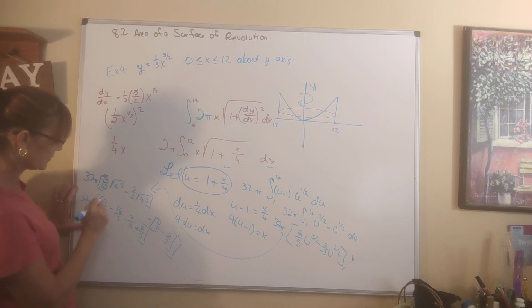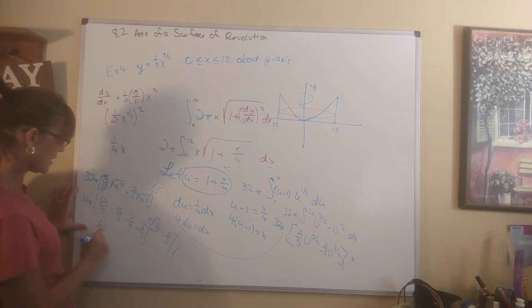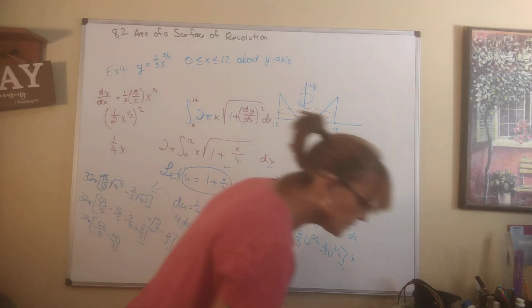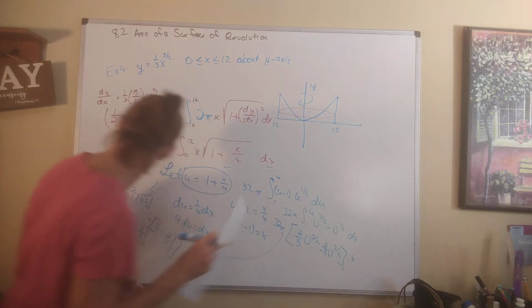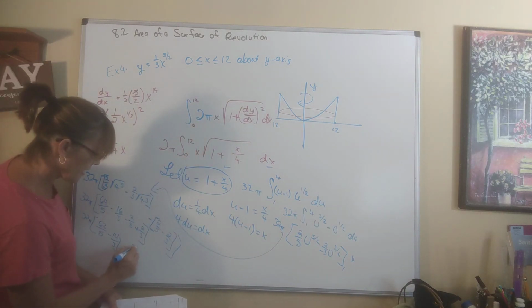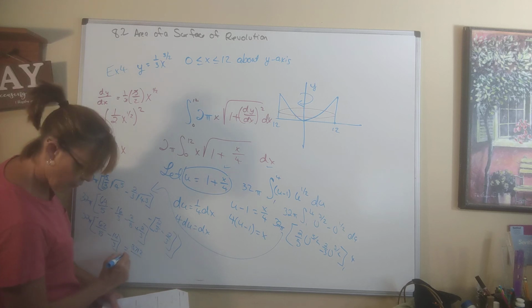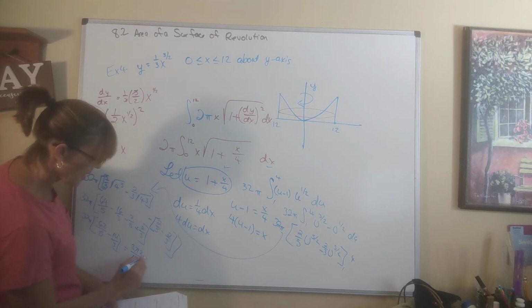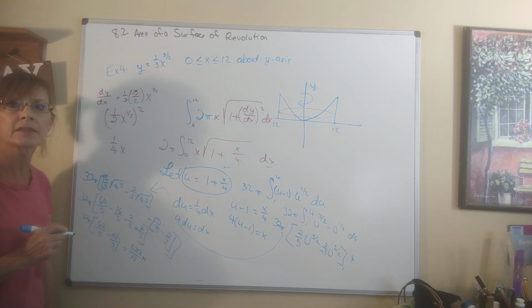And so what am I going to get here? 62 over 5 minus 14 over 3, times 32 gives me 3,712 over 15 pi, which is the right answer for that one.